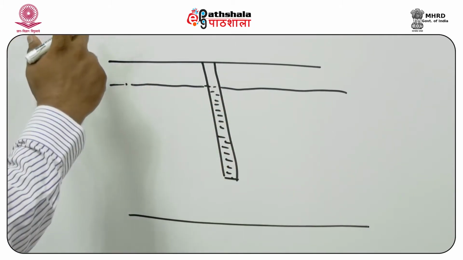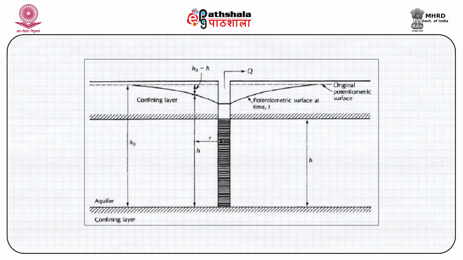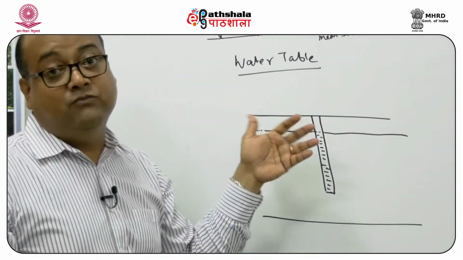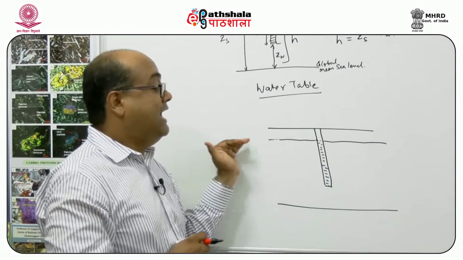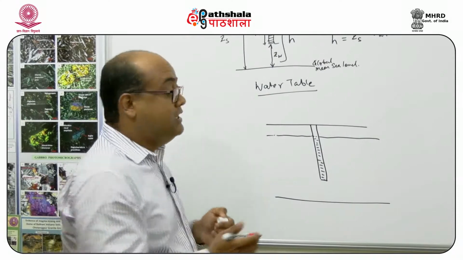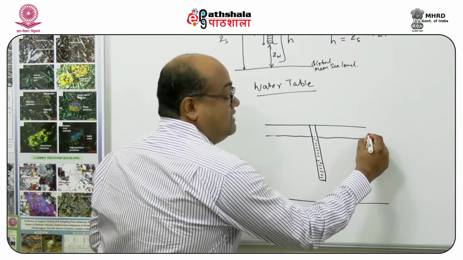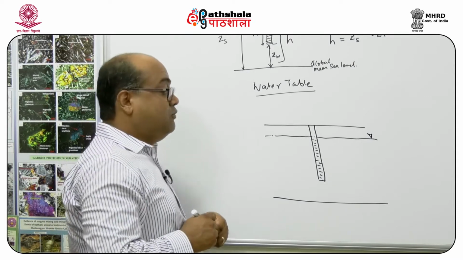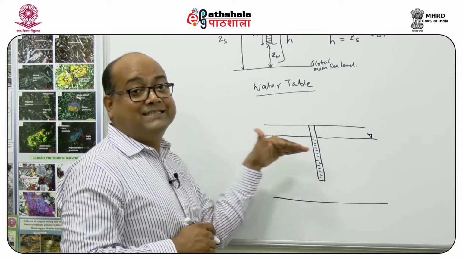If I had measured the groundwater hydraulic head in all these portions, and joined those points with a line, which basically represents a plane, I get what is known as the water table. This is generally represented by an inverted triangle, and I call it the static level.